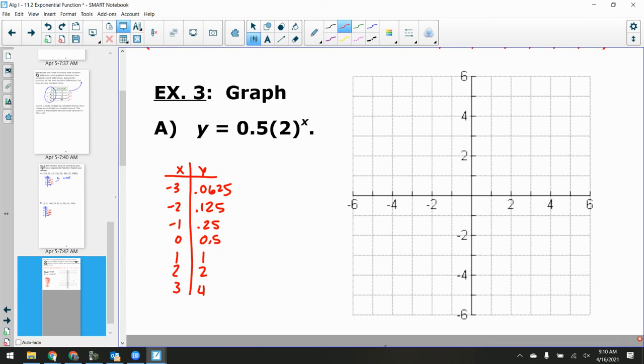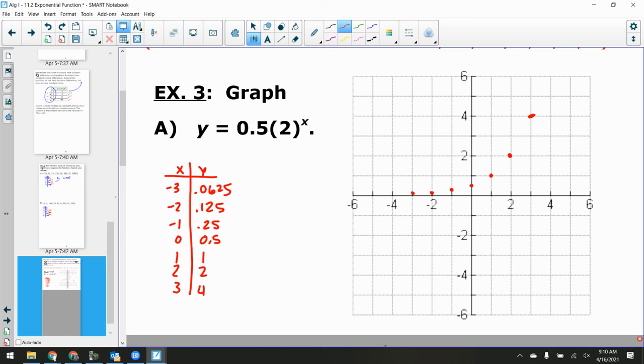Negative 3, comma 0.0625, so really close to the axis. And then negative 2, still pretty close. Negative 1, a quarter of the way up. 0, halfway up. 1, 1. 2, 2. 3, 4.